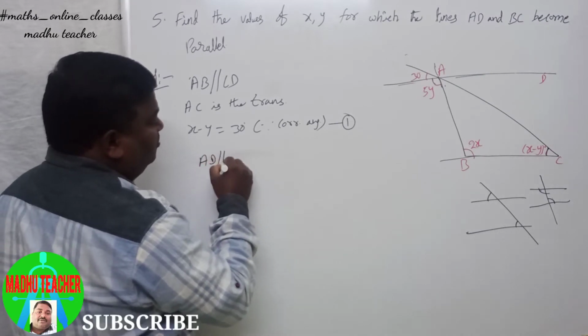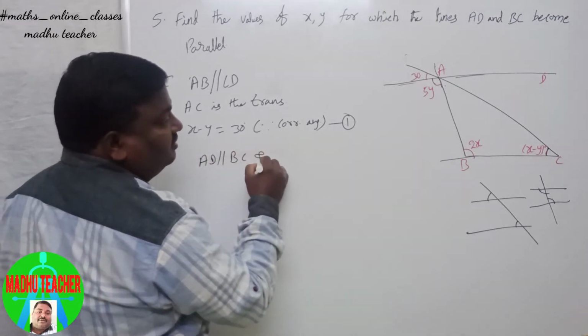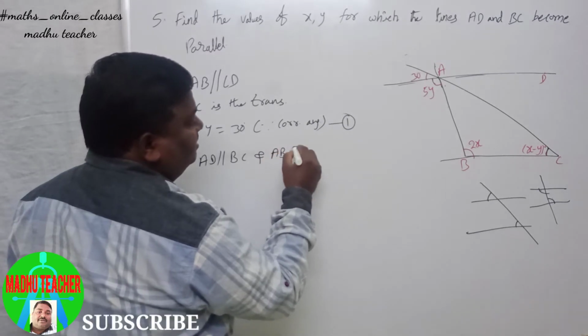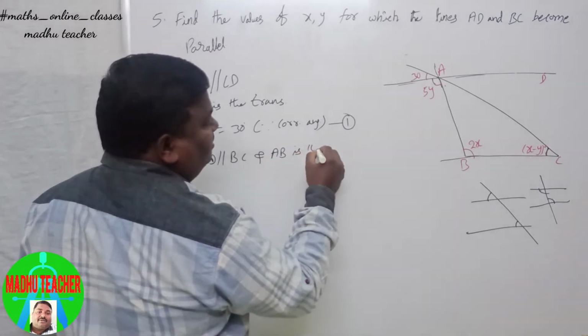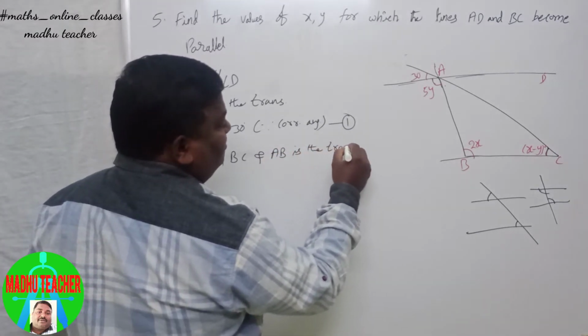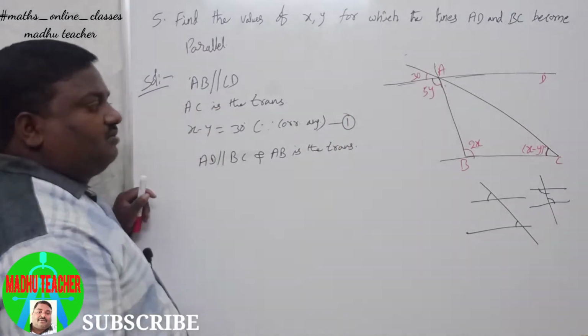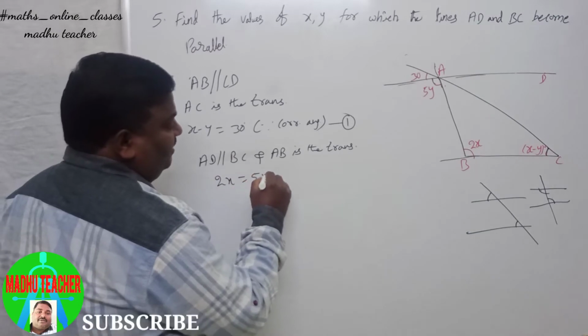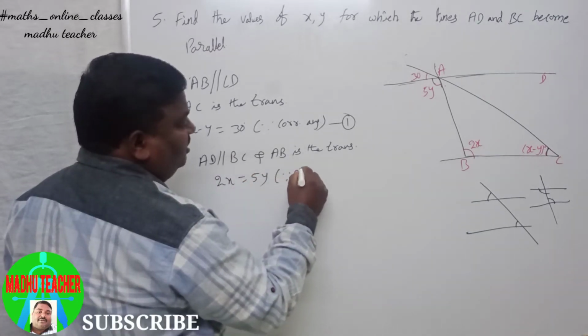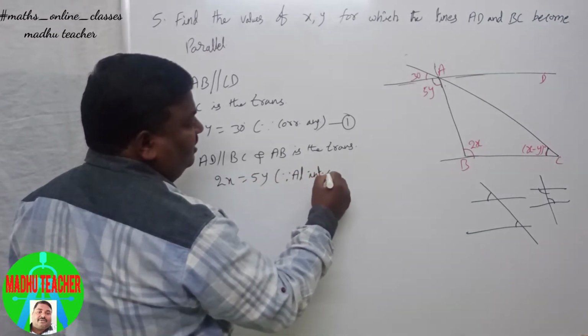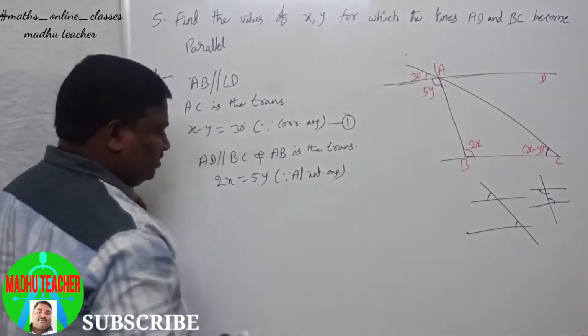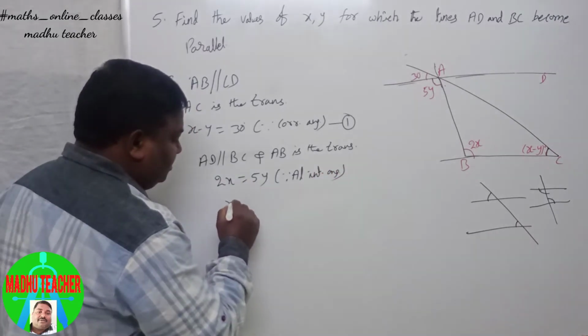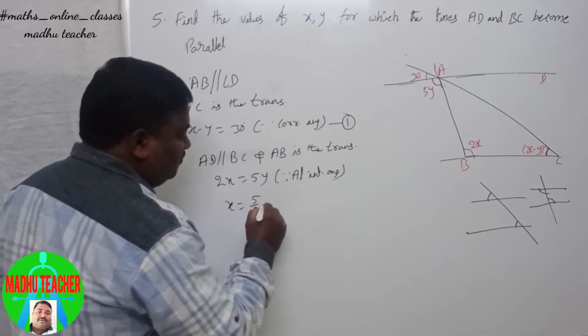AD parallel to BC, and we are taking AB as the transversal. Therefore, 2x equals 5y, since alternate interior angles, and x equals 5 by 2 y.